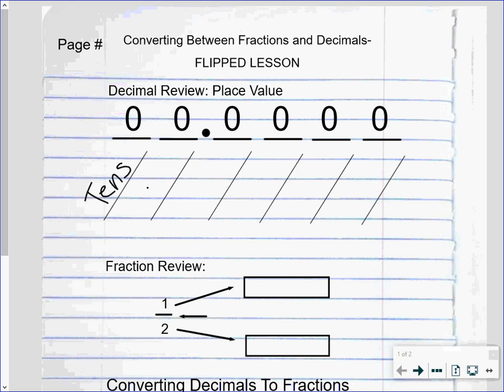Next to that, we have our ones place. Then we have our tenths directly to the right of the decimal. Then our hundredths. Then our thousandths.